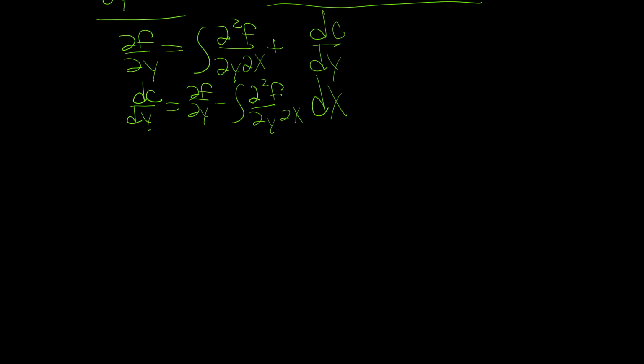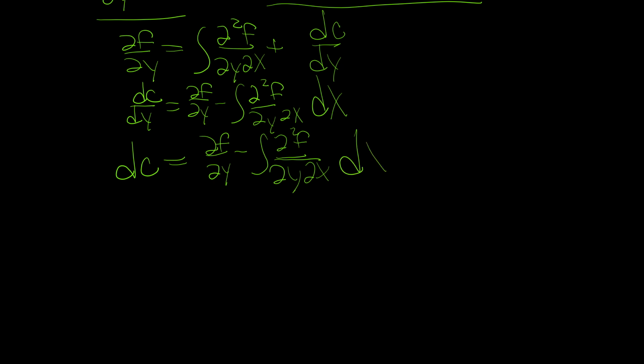So now, multiplying out the dy and solving this like an exact equation, we get that dc equals partial f with respect to y minus the integral of partial squared f partial y partial x dx, all of this multiplied by dy.